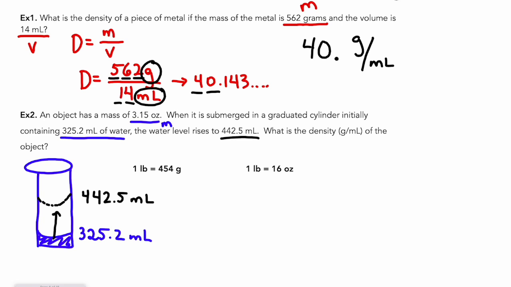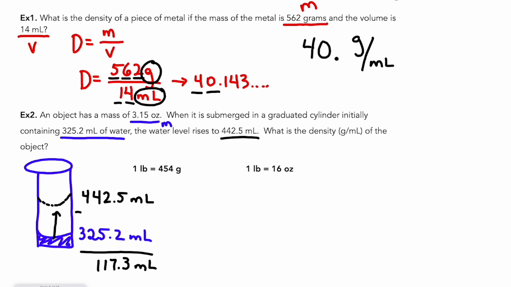So that object, its volume is causing that water to be displaced. So to find the volume of the object, all I have to do is take that final volume, 442.5, and I have to subtract it by the initial volume of the water, because that difference, which is 117.3 milliliters, that volume is the volume of my object.